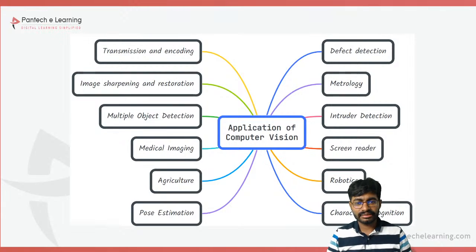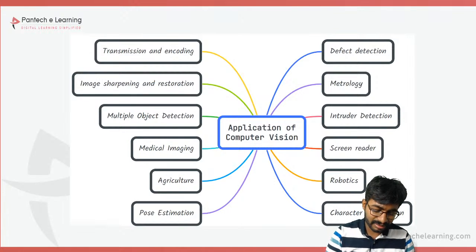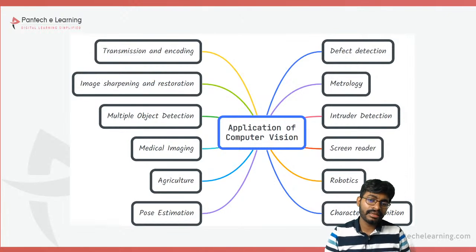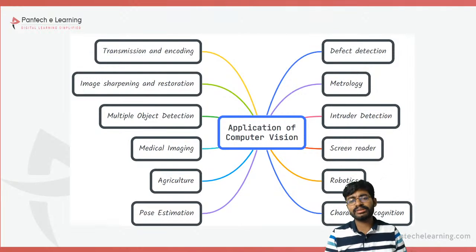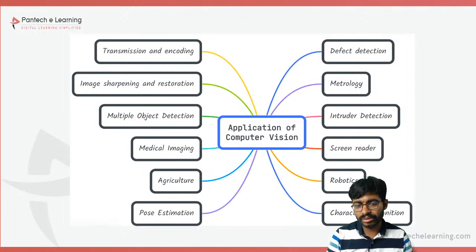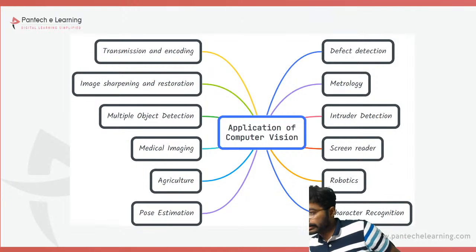Then metrology. The metrology department, everyone knows, deals with surveys, land acquisitions, satellite images, etc. Through that, if we want to know things, for example the pipelines, the roads, or oil leakage through satellite image, we will be able to analyze them as easily as possible through the computer vision process.